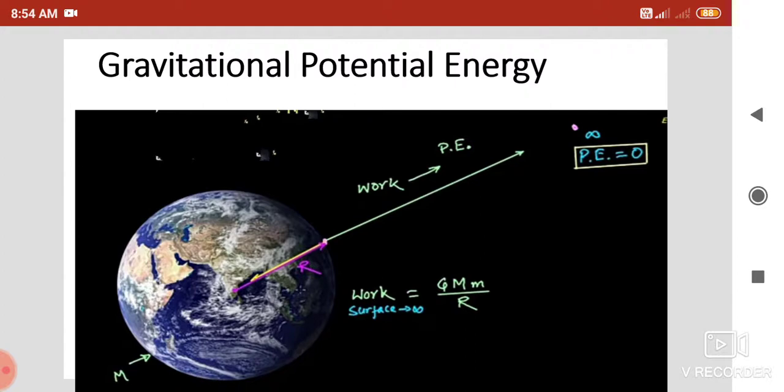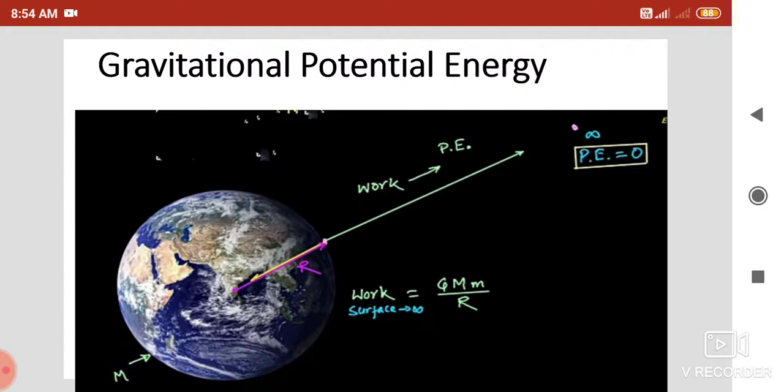At infinite distance, where the gravitational force does not act on the object, the potential energy will be zero.